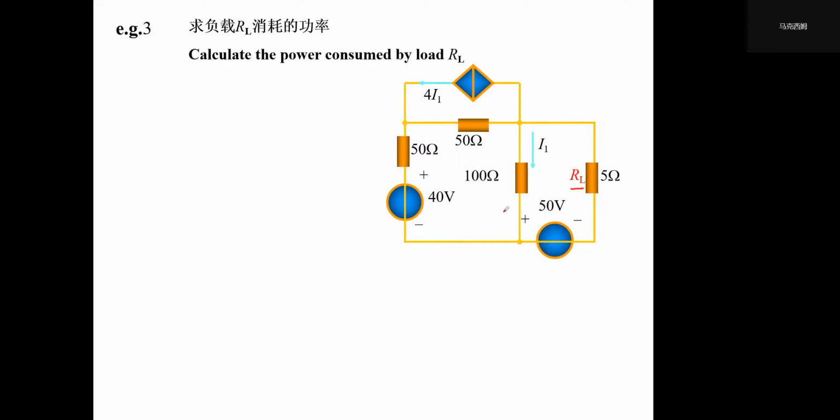So obviously, we should cut off this part and treat the rest of the circuit as a one-port linear system, and we can use the Thevenin theorem to transfer it into a voltage source in series connection with a resistor, right?